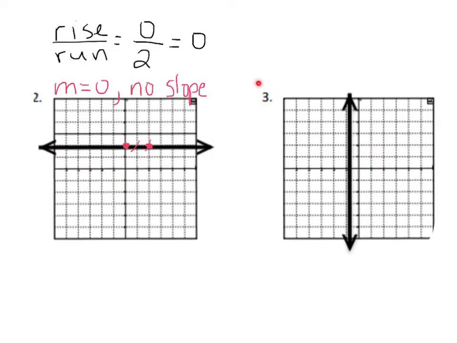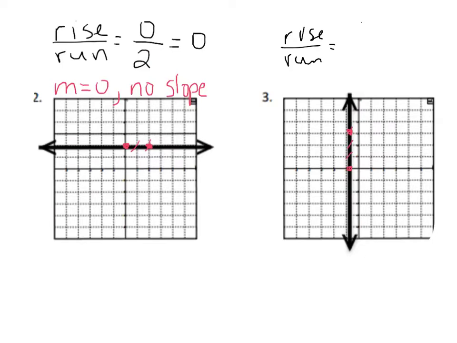Then if you look over here at example number 3, we have a vertical line. The vertical line is kind of different. Instead of the 0 being on the top, it's going to be on the bottom. Because if we say rise over run again, we can put a dot here, and we could put a dot up here. So it's going to go up 1, 2, 3.